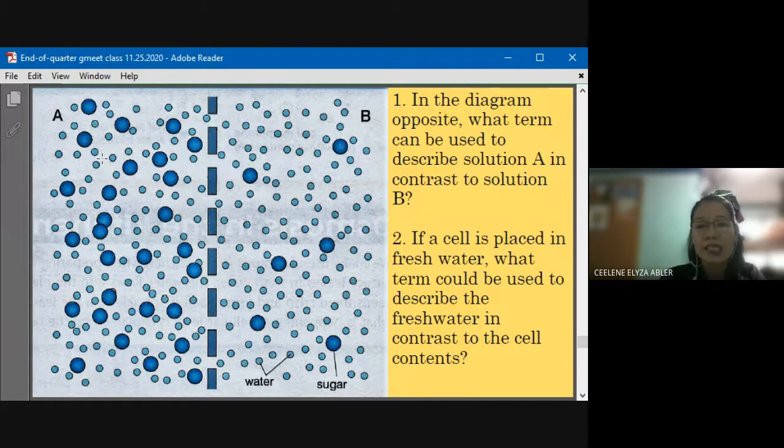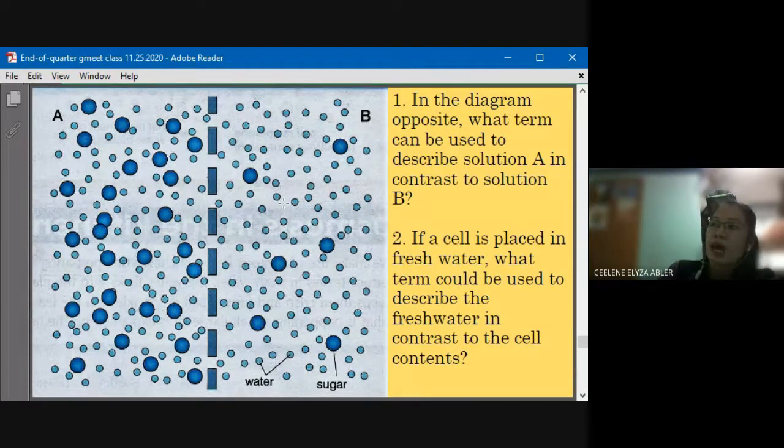It's because you are nakalublob ka sa isang hypertonic solution compared to a hypotonic environment inside your cell. Remember, it's relative. May relativity tayo, may comparison tayo for tonicity. So, just remember that compared to the seawater, the concentration of water inside your cells is quite higher.